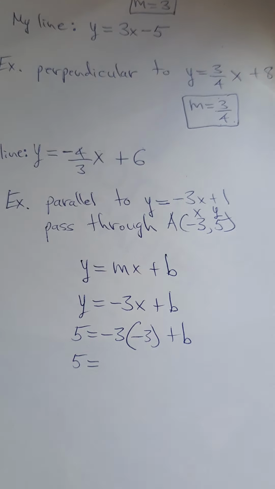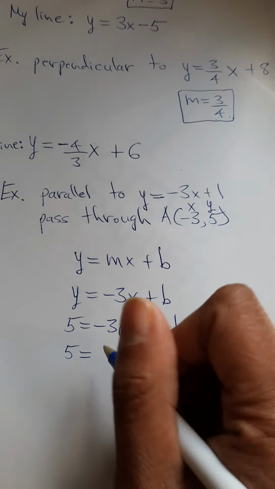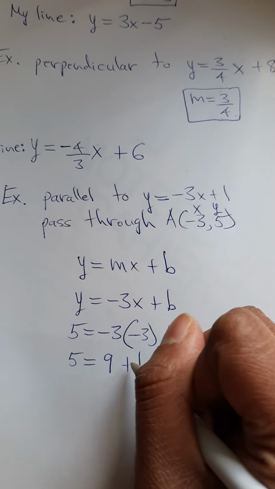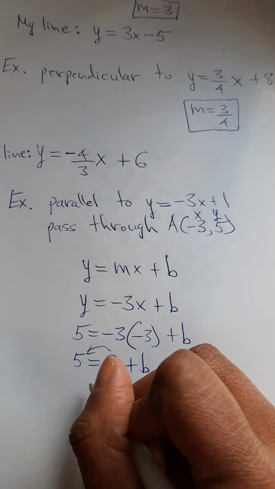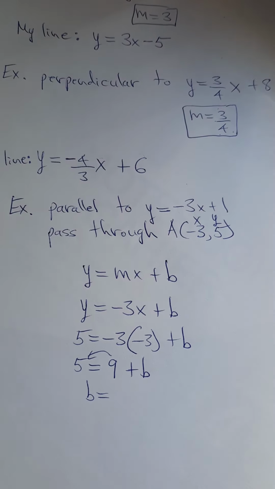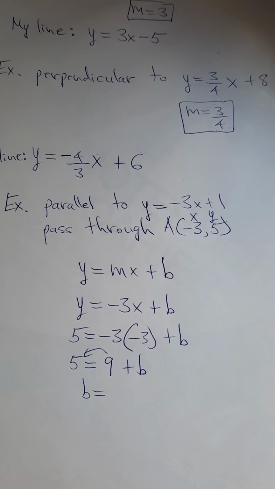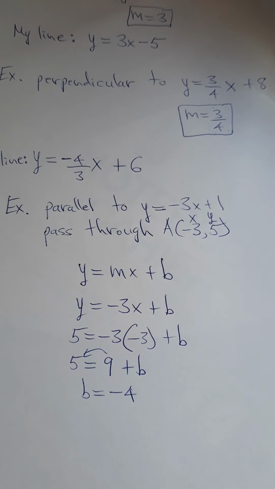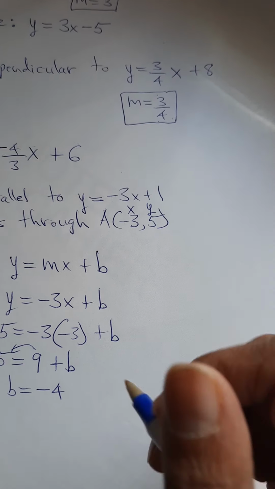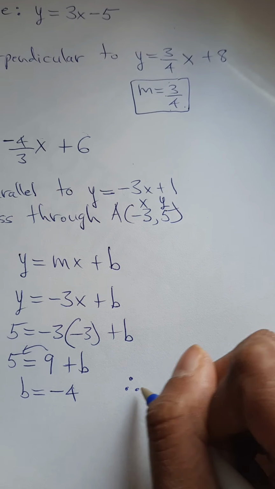So 5 equals, we're doing negative 3 times negative 3, positive 9 plus b. Take the 9 to the other side. I'm subtracting it, so it's going to be 5 minus 9, which is negative 4. Everyone's good? Let's write the equation of our line.